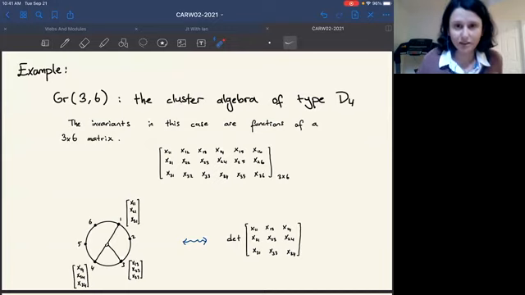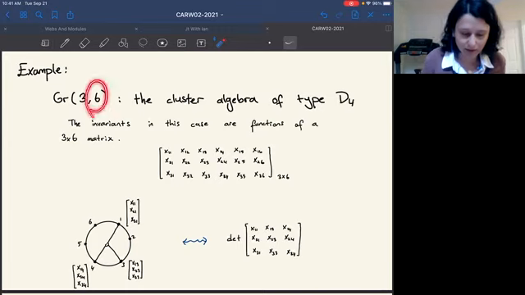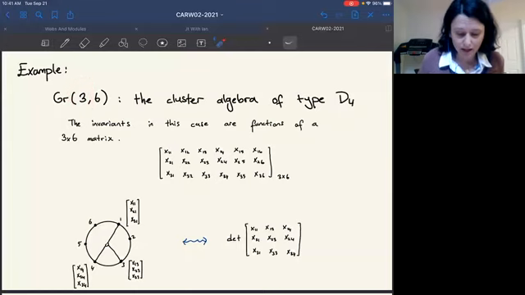There's a very nice recipe in the paper I sent, but I just want to give one explicit example. Here we see a web, which is a tensor diagram, and it has 6 vertices because we are working in the Grassmannian 3-6, and we have 3 edges.